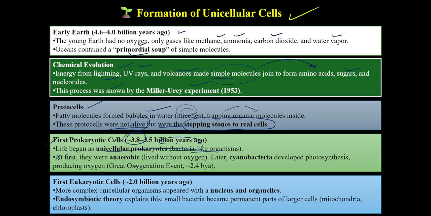At first they were anaerobic, and later cyanobacteria developed photosynthesis producing oxygen, and then the first eukaryotic organisms came into existence around 2 billion years ago. More complex unicellular organisms appeared with a nucleus and organelles. The endosymbiotic theory explained this. Small bacteria became permanent parts of larger cells like mitochondria and chloroplasts.